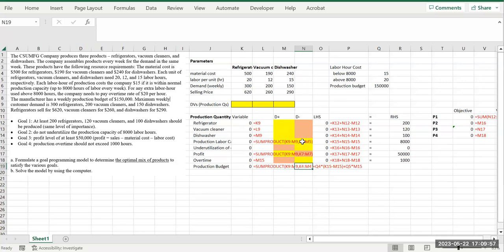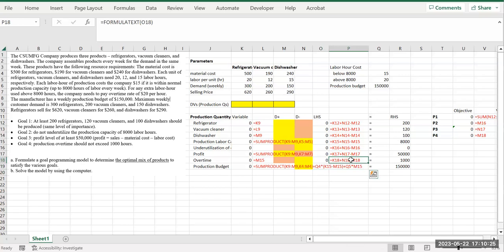And by the way, you allow this to go under 150,000, but you do not allow it to go above, by not even considering the possibility of having a positive deviational variable for that. So that'll be taken care of automatically.